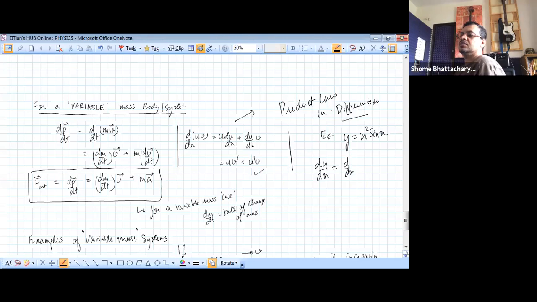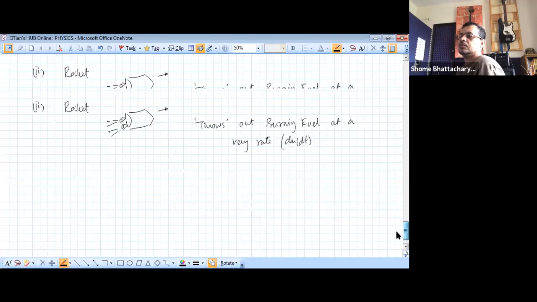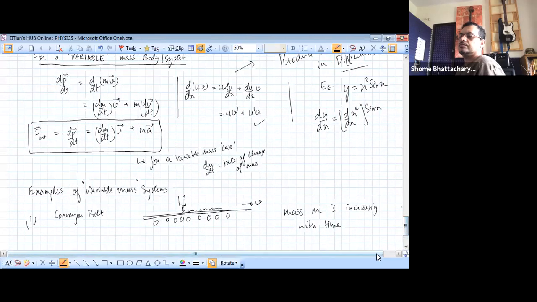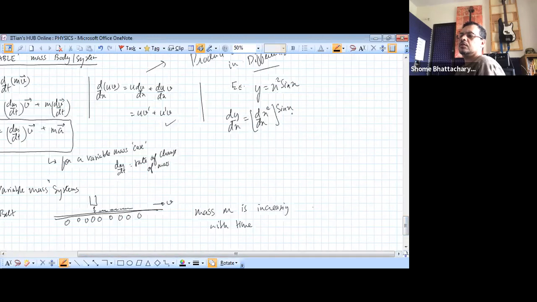It becomes differentiation of x square multiplied by sine x plus x square into differentiation of sine x. This will become 2x sine x plus x square cos x. And this is dy by dx.